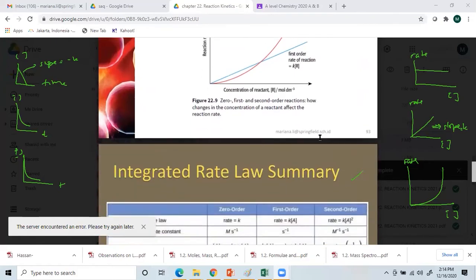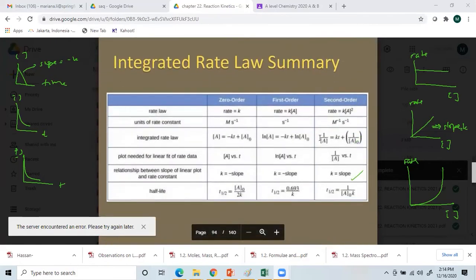But some students will ask why we can produce this type of graph. Why does the zero order have this type of graph? Should we memorize it, or is there any explanation of why the first order reaction, for example, produces this type of graph?